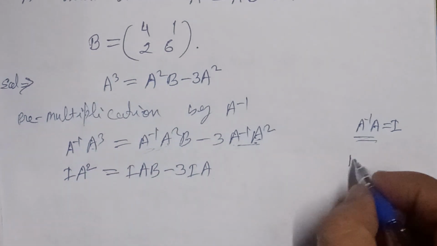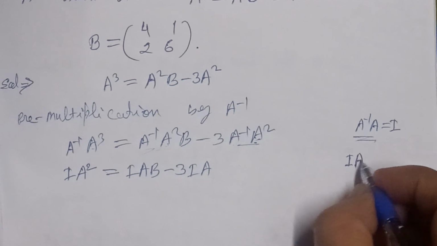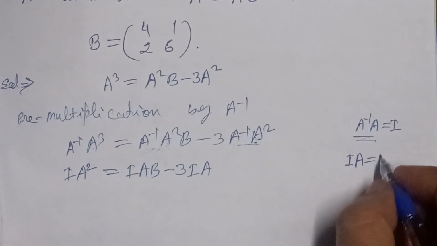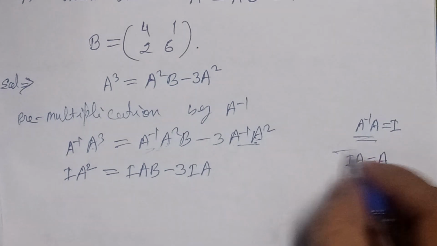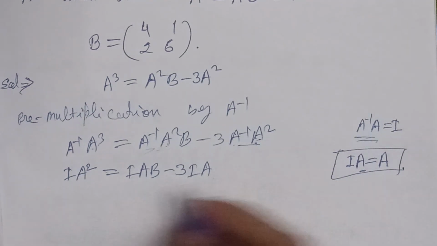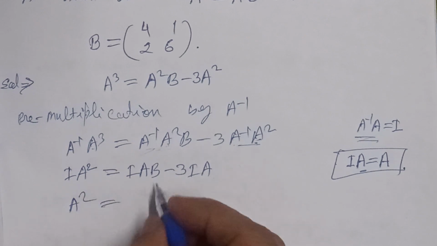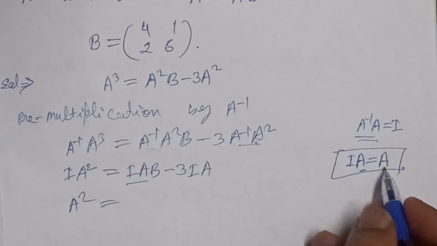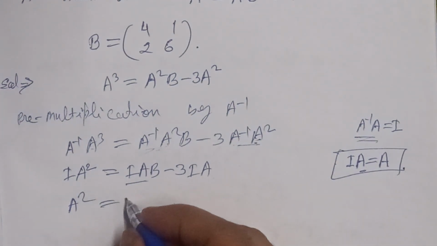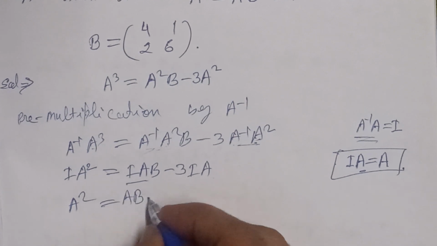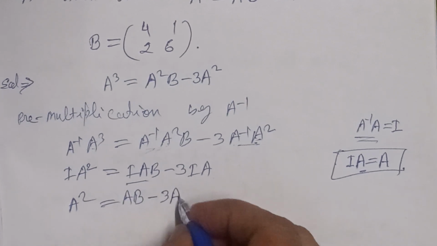We know that multiplication of identity matrix with any matrix becomes that matrix. So the value of this becomes A square, and applying this again we get AB minus 3A.